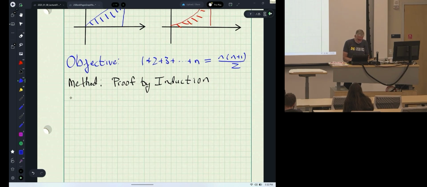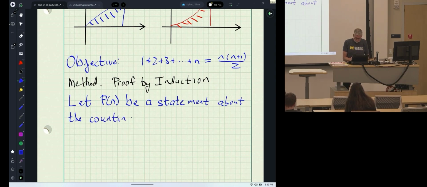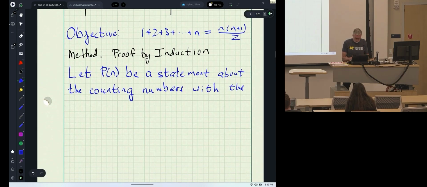What that consists of is the following. Let P of n be a statement about the counting numbers, in other words, 1, 2, 3, 4, 5, 6, 7, with the following properties.